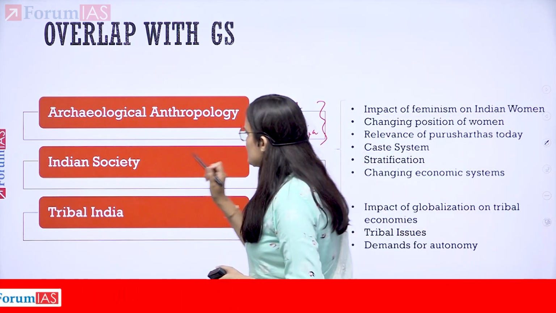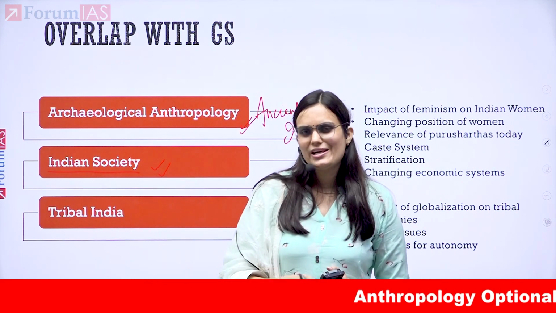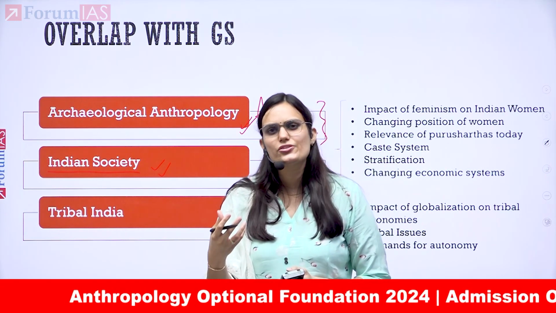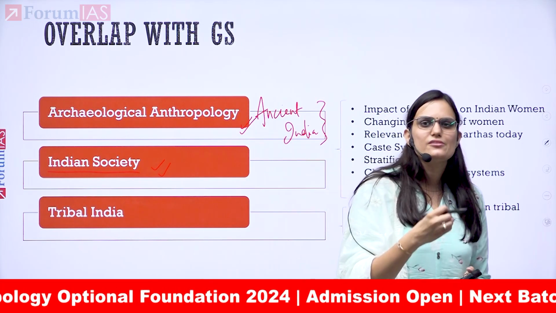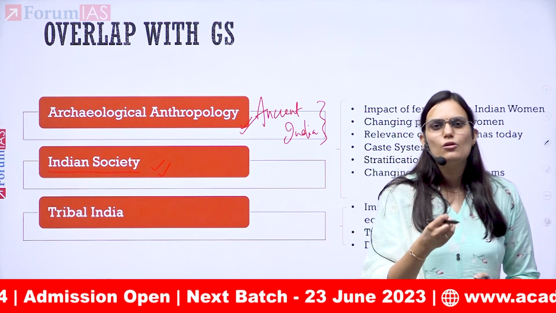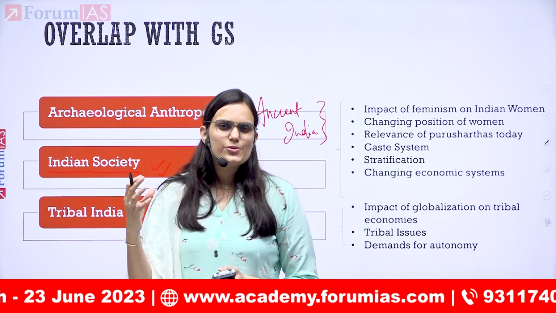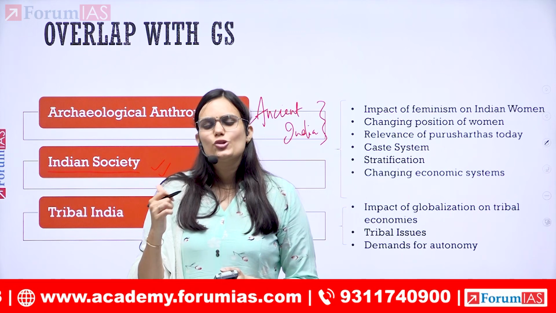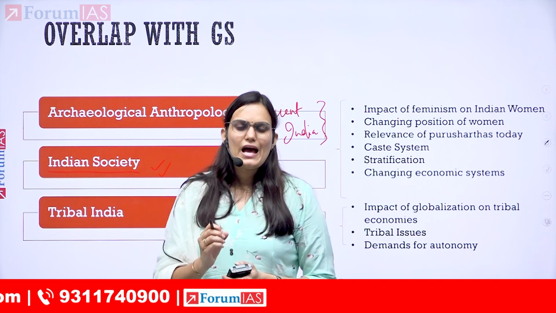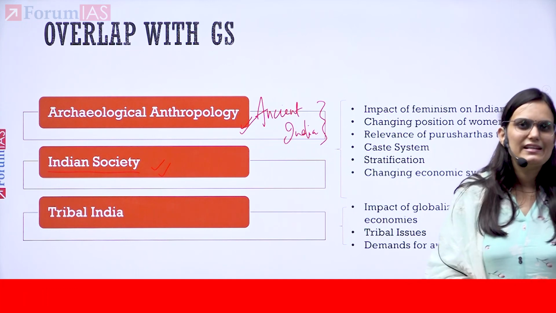The second aspect is with respect to Indian society. It is a part of paper 2 in anthropology, where we specifically discuss how Indian society functions, what are the foundational principles. For example, what is the Varna system? Okay, what is the concept of karma? What is the concept of purusharth? What is rin? Right? So these concepts you will study over here, and along with them, you will also study how Indian society is continuously changing and what contemporary changes which have happened recently are impacting the society at large.